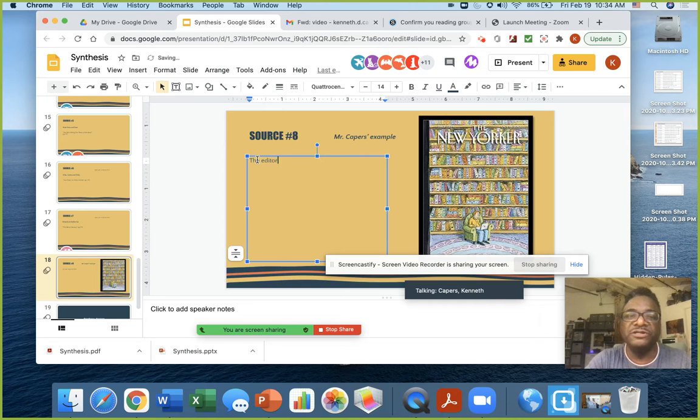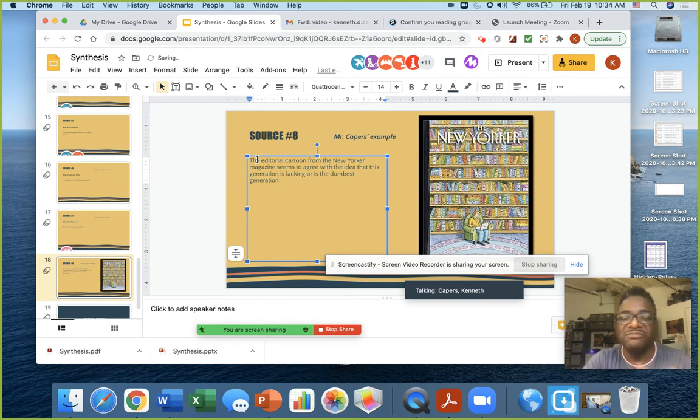The editorial cartoon from the New Yorker magazine seems to agree with the idea that this generation is lacking or is the dumbest generation.